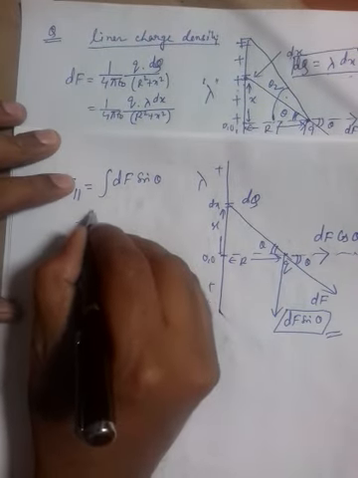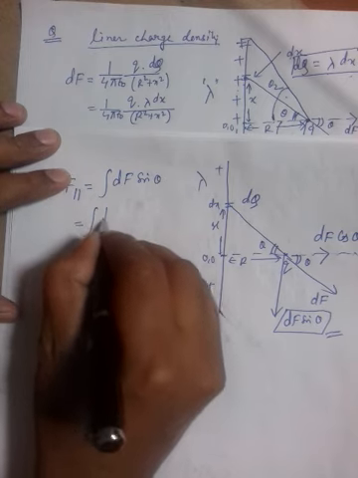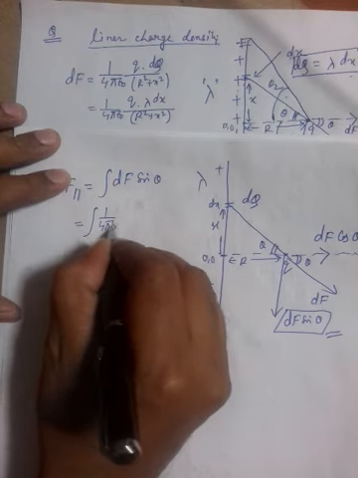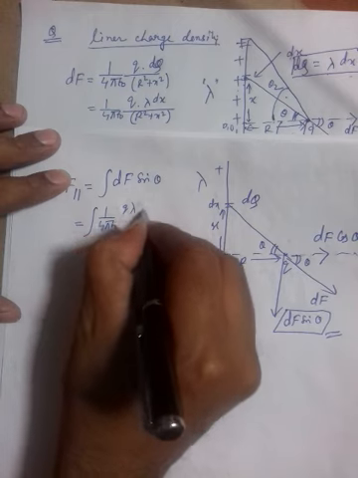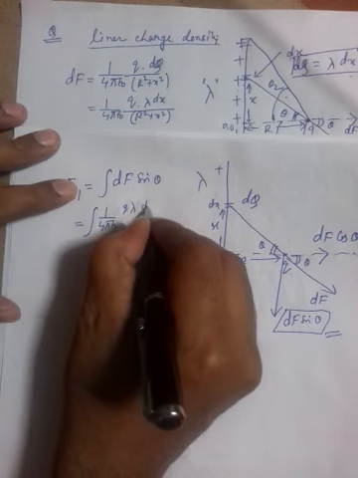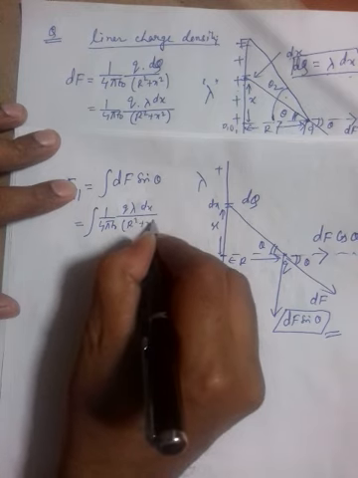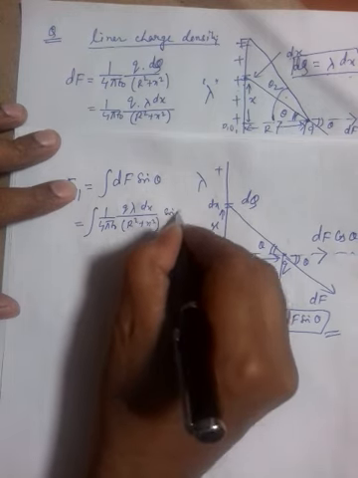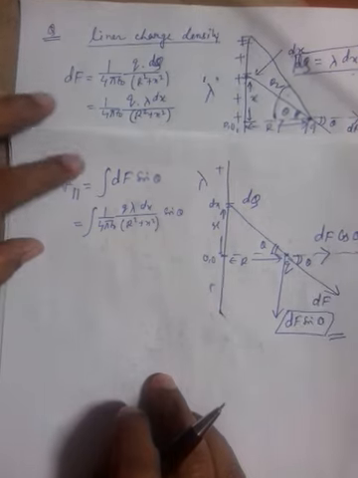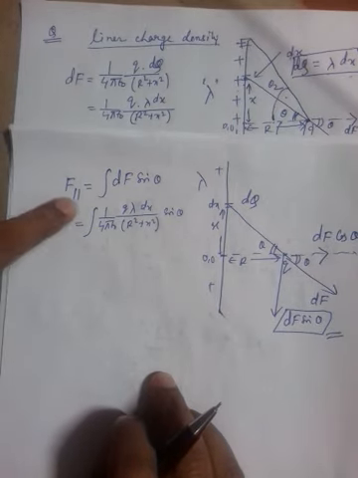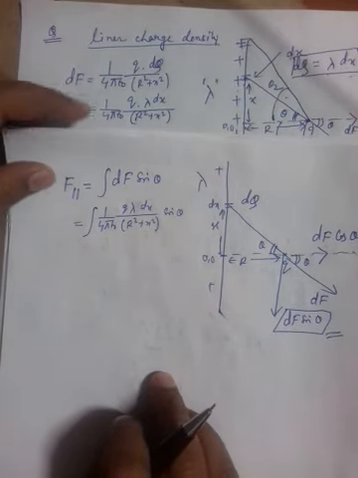It is an integration, we will do it. 1 by 4 pi epsilon naught q lambda dx by r square plus x square. Here one sin theta is present. Previously, in the calculation of force in the perpendicular direction, there was a cos theta. Now there is a sin theta.